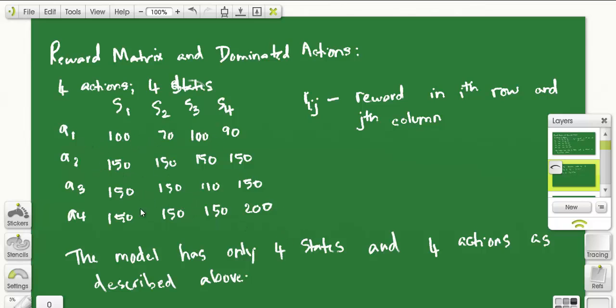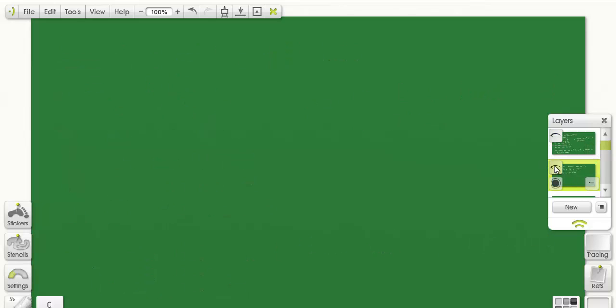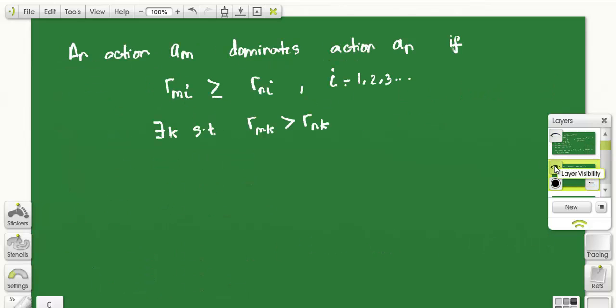If you use the same logic, you can see that A3 would also dominate A1, and likewise A4 dominates A1. So A1 is actually dominated by all the other actions. So our first deduction is A2, A3, and A4 dominate A1.